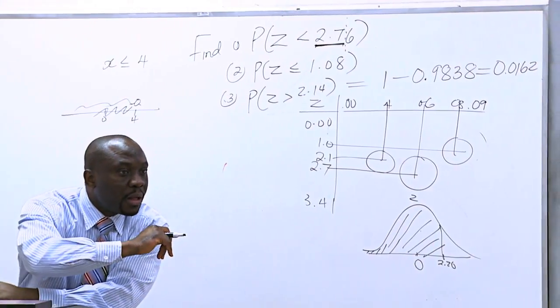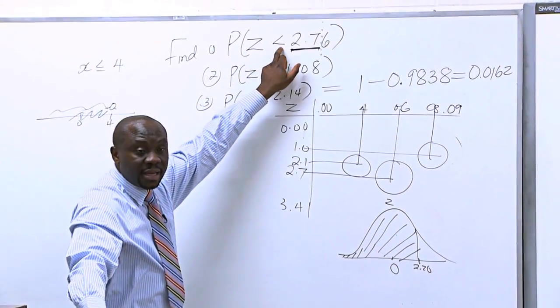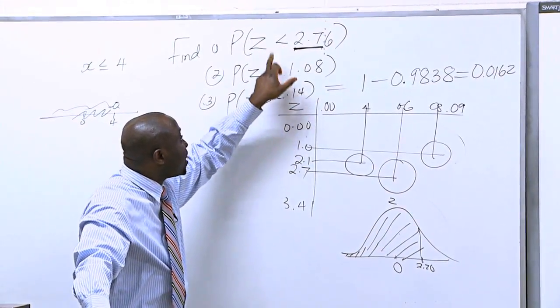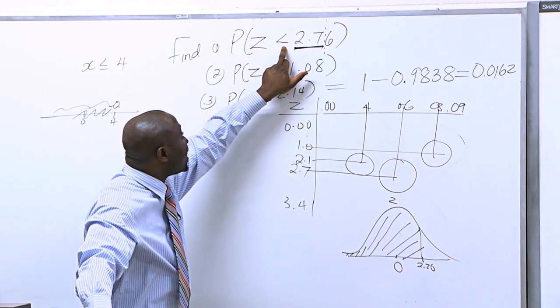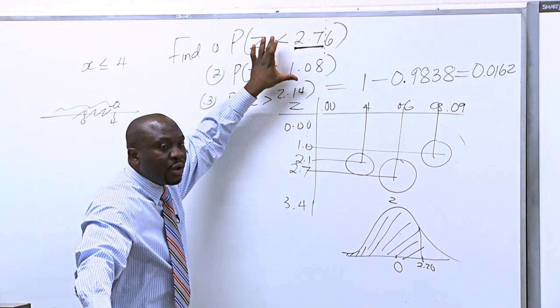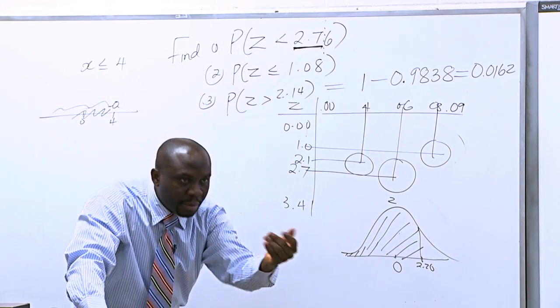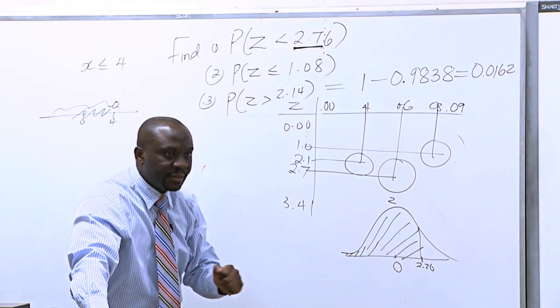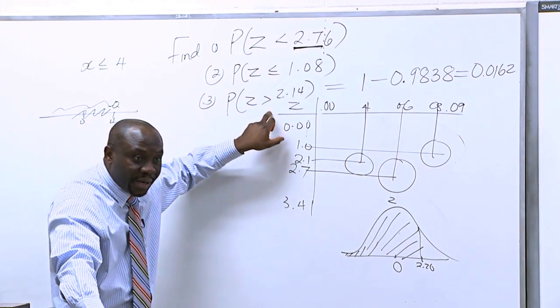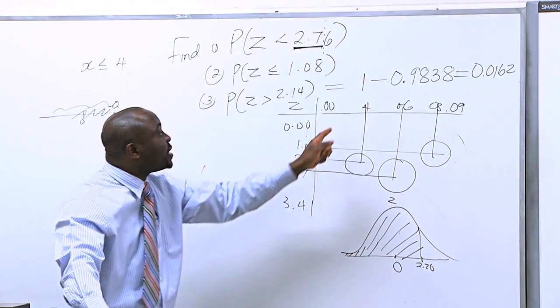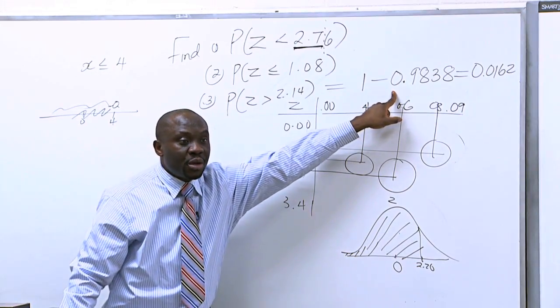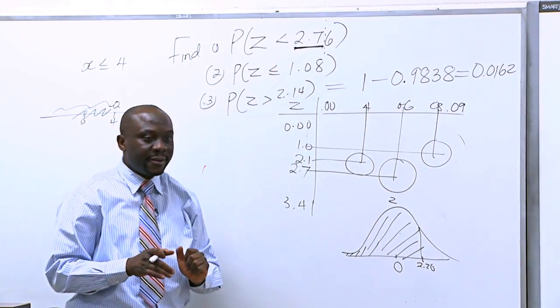If z involves less than or equal to, you read it from the table, that's the end. That is the probability, the p-value. If it's greater than, you read it, but you have to take it from 1 because it's the opposite of the less than.